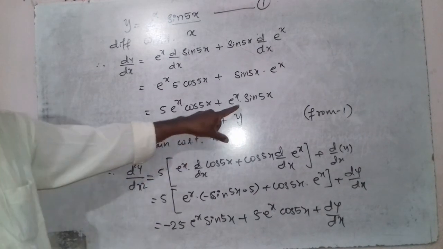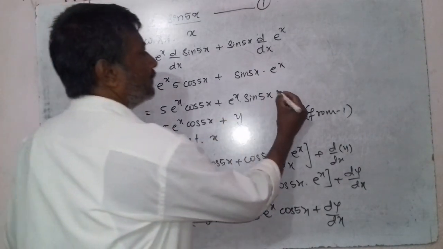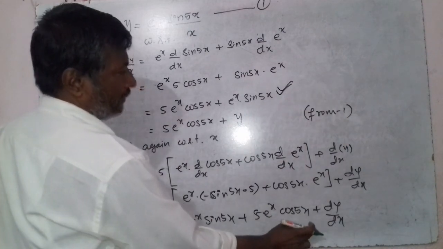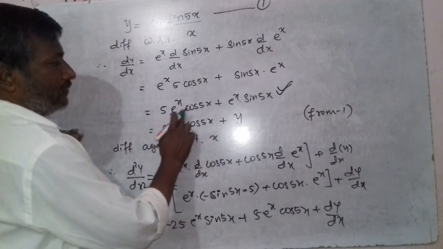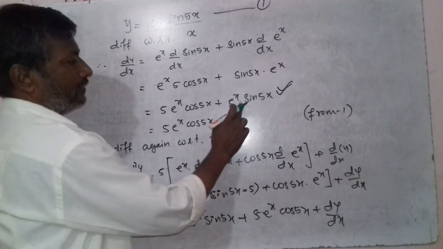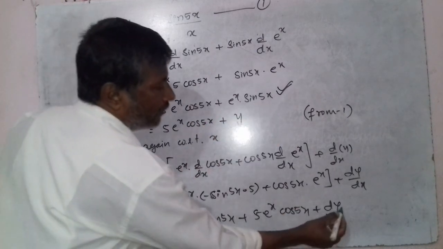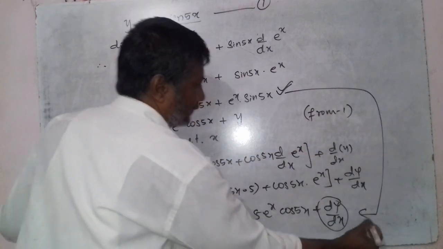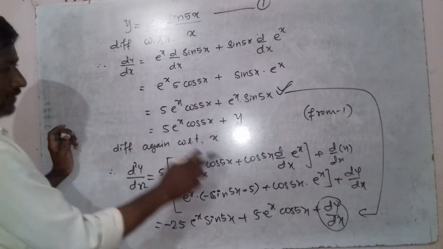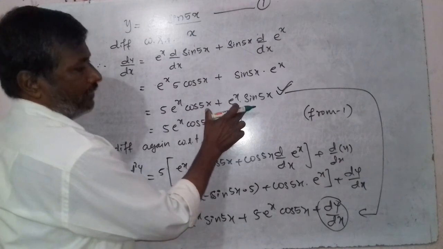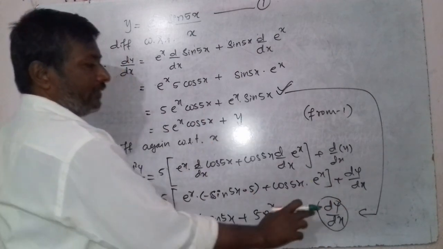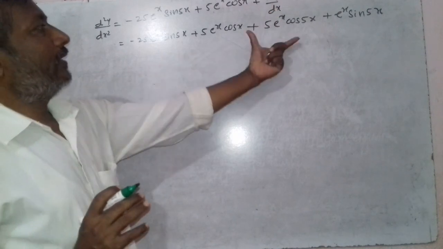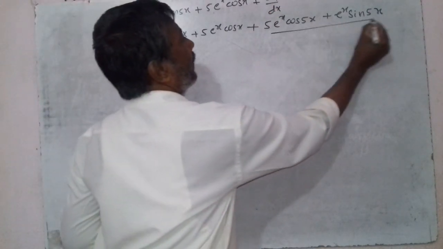Substitute this value in this equation: 5 e raised to x cos 5x plus e raised to x sin 5x for dy by dx. So put this in this equation, then simplify the answer.